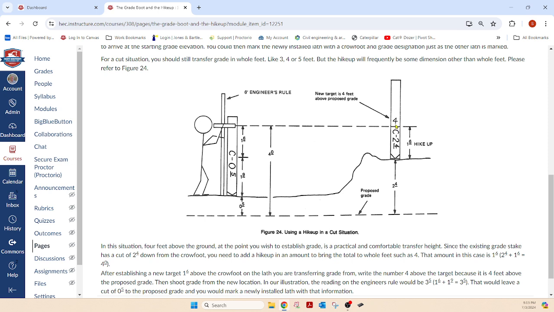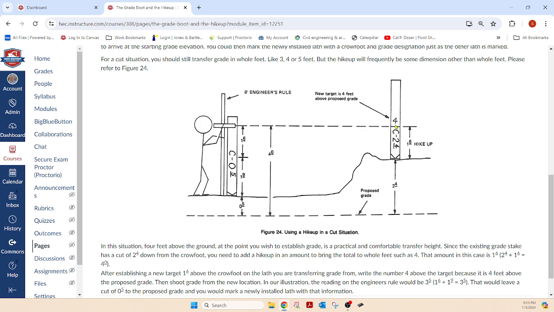If I want to put a mark on this lath that is 4 foot above this elevation, which is under the ground, do I know how far it is under the ground? Yes, I do. It's 2 4/10 under the ground.